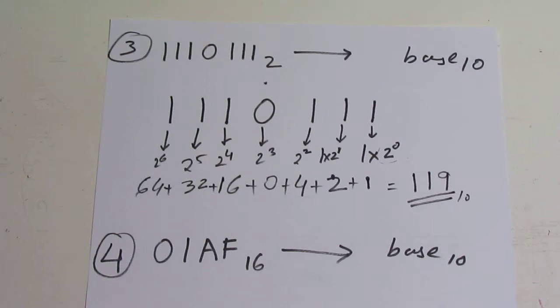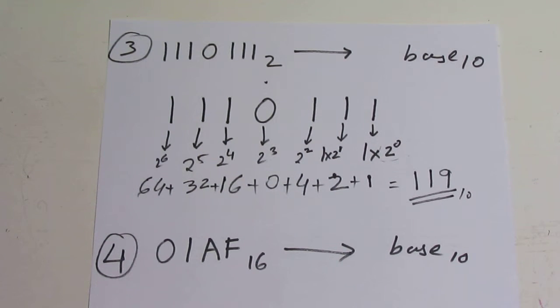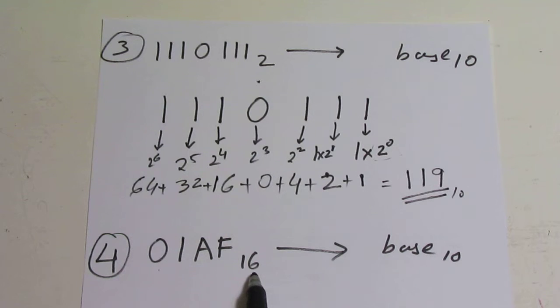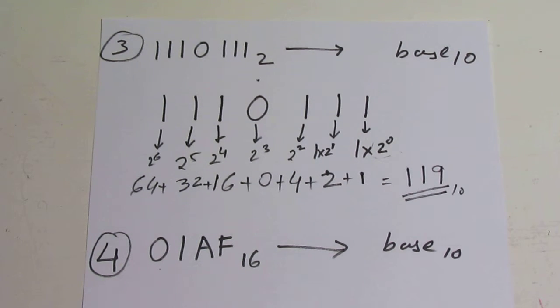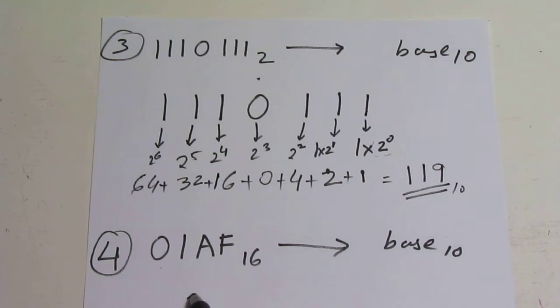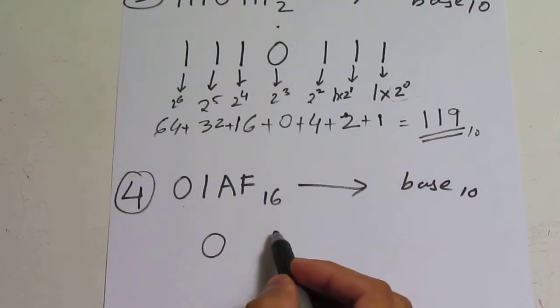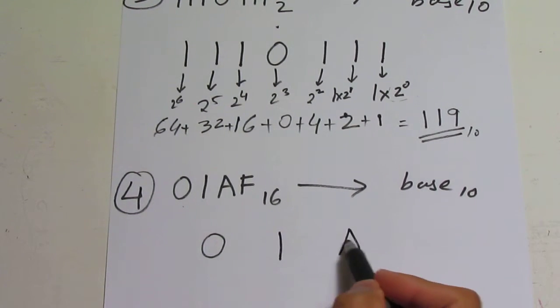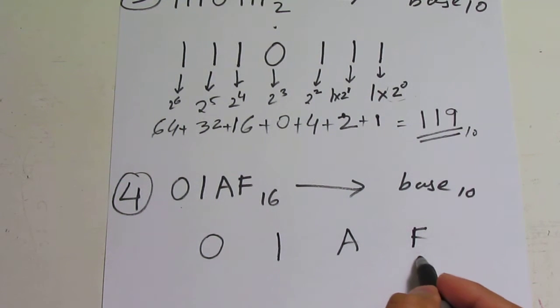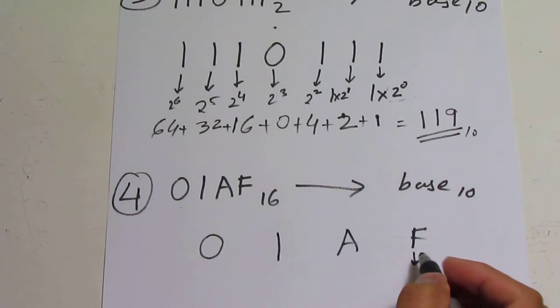Alright, let's look at the last example. This number is 01AF. This is in hexadecimal. We are going to convert this into base 10. Like I said, when converting into base 10, you just write the number down: 0, 1, A, F, right? And then you bring the number down.